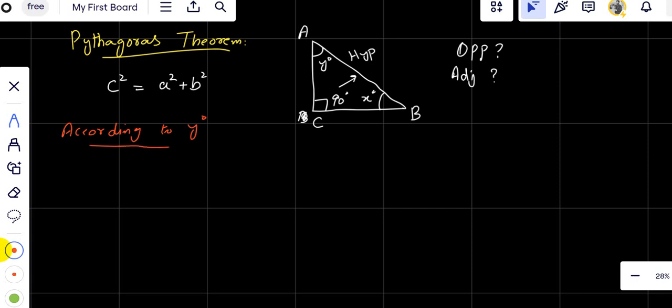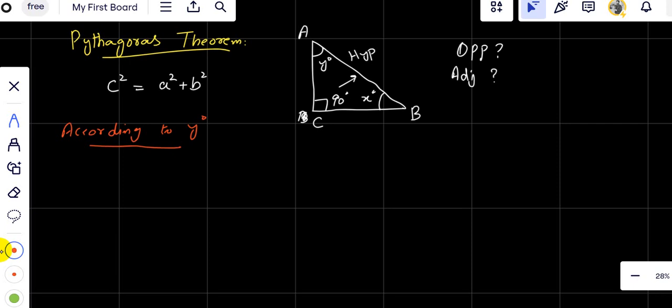Hypotenuse is fixed. We cannot change the hypotenuse. It is always the side opposite to 90 degrees. But the opposite and the adjacent may change.